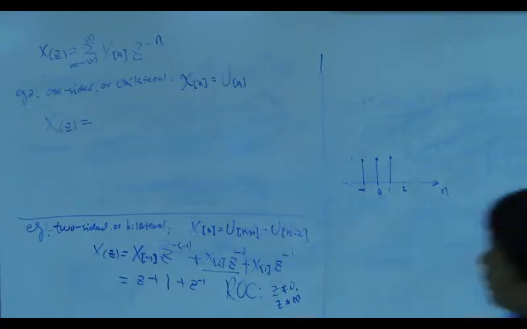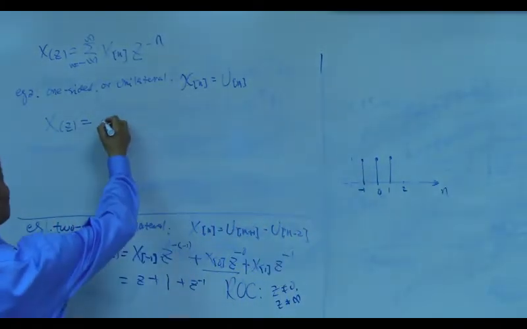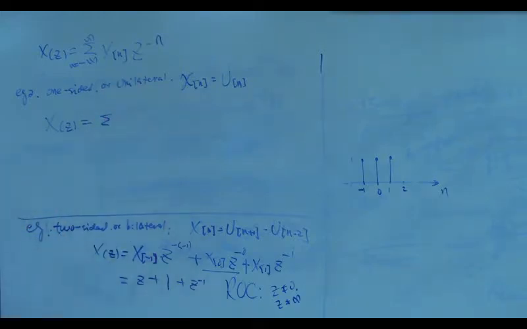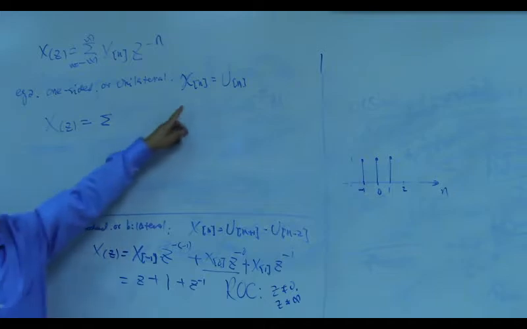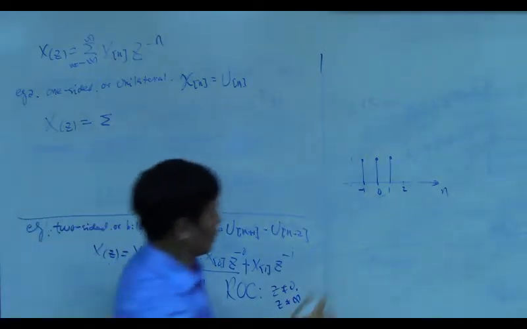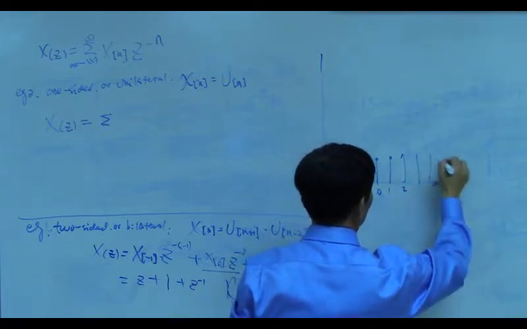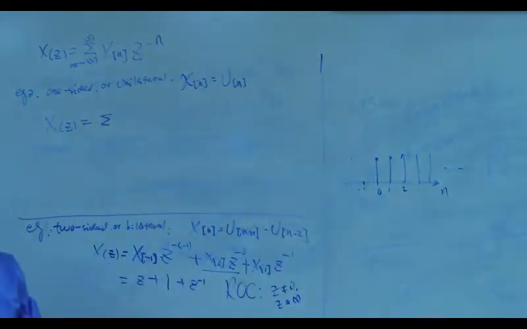Okay, let's try together. This one will be equal to, I copy this. But what is x(n)? u(n) means like this. We start from 0 and go all the way to the right, n equals 0 to infinity.